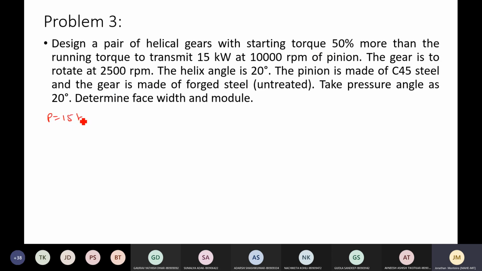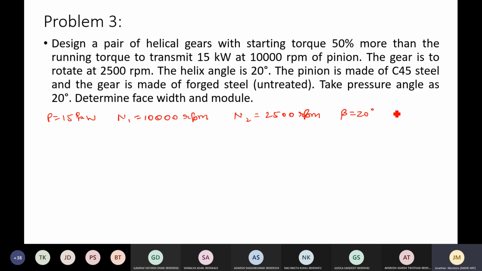P is 15 kilowatts. N1 is 10,000 RPM. The gear is to rotate at 2,500 RPM, so N2 is given. Helix angle, that is beta, is 20 degrees.